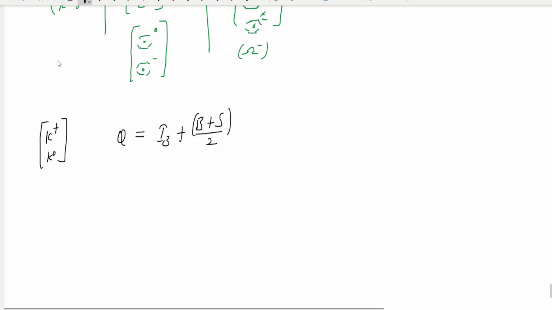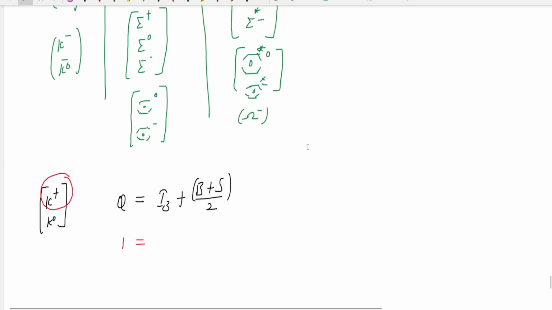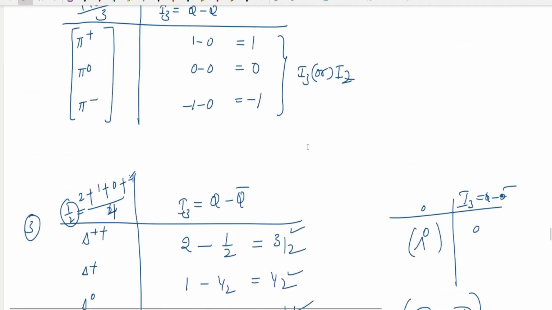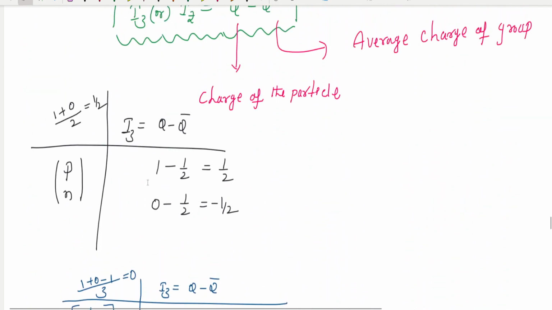First I'm checking the K plus value. The charge is equal to 1. What is the I3 value? I can't remember the I3 value in the examination, so I go with the derivation; it takes only one or two minutes. I3 for K plus is 1 divided by 2.